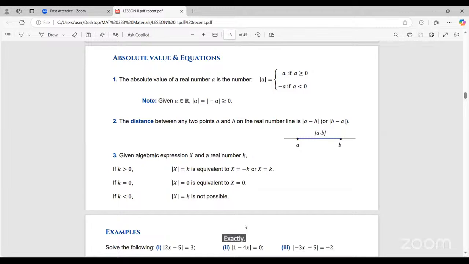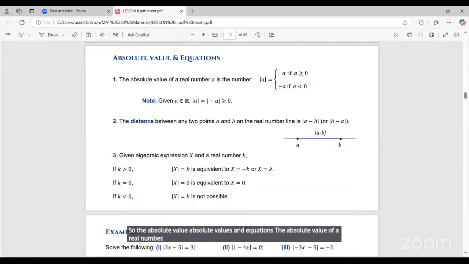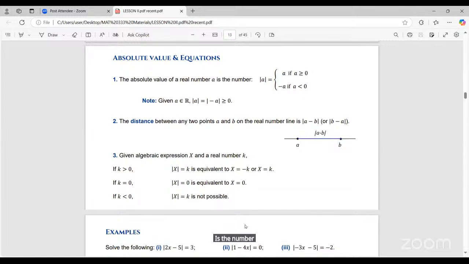Is that clear? Yes, ma. Thank you, ma. Okay. So the absolute values and equations. The absolute value of a real number A is given by the number A if A is greater than or equal to 0, minus A if A is strictly less than 0.